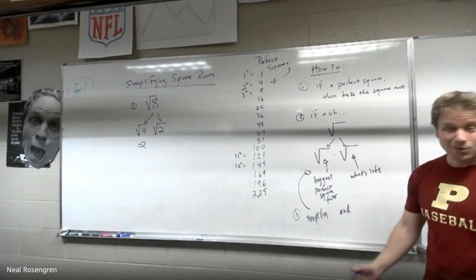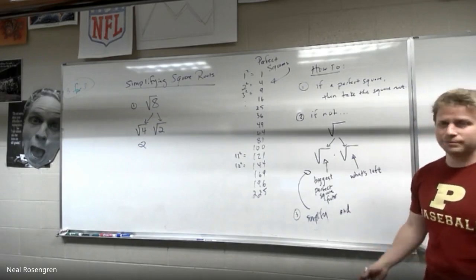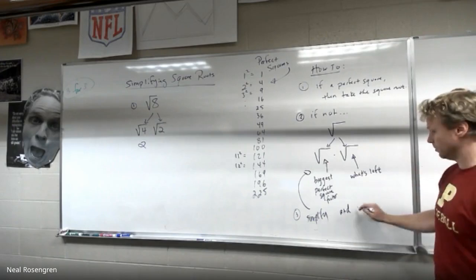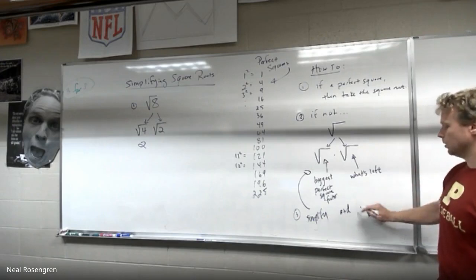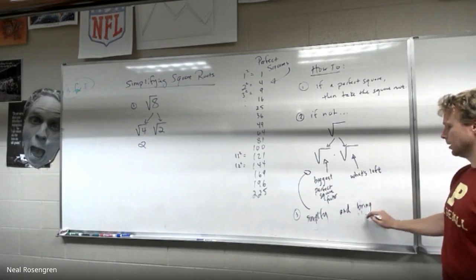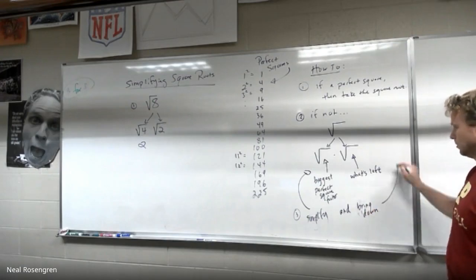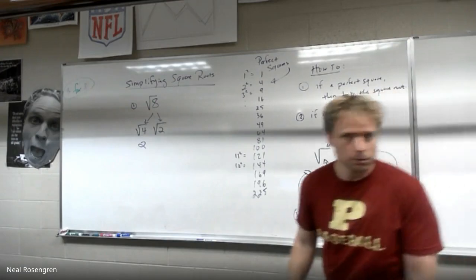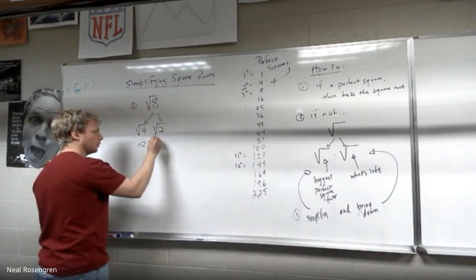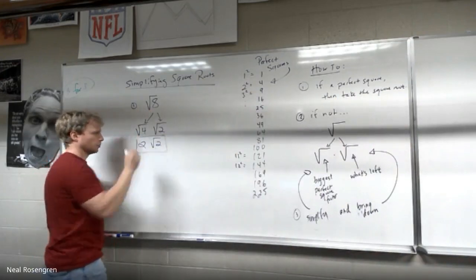But the second one, square root of 2, that's just the square root of 2. I can't really do anything with the square root of 2, so I just bring it down.